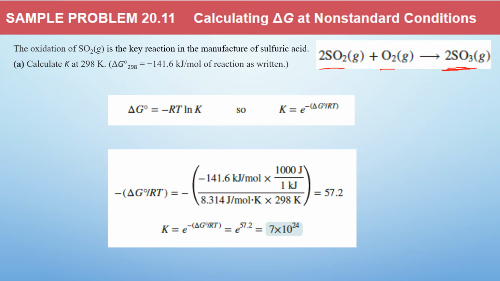For A, we want to calculate the equilibrium constant at 298 Kelvin, and the delta G at that temperature is already given, so we apply this equation directly. We rewrite this relationship: we divide by minus RT on both sides, so we have delta G naught divided by minus RT on one side, and on the right-hand side we have the natural log of K. Then we use this term as the exponent for e.